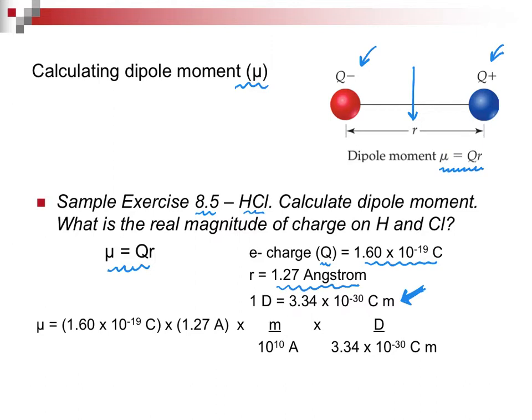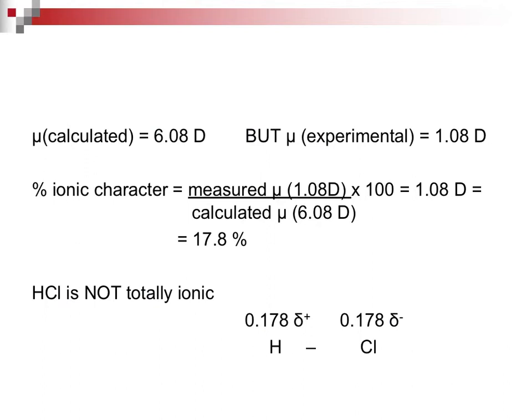So all I'm doing is substituting in the value for Q and the value for R, and what I want in the long run is to have it in terms of debye. So I need a conversion factor here to take the angstroms to meters, and then I need the main conversion factor for the debye, which has coulombs and meters. The coulombs will disappear, the meters will disappear. And what I'm left with is on the next page.